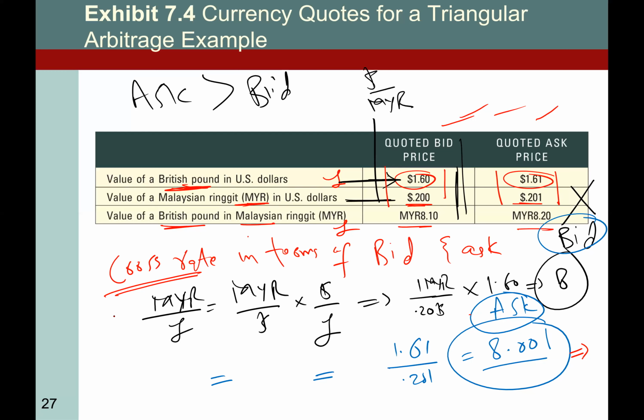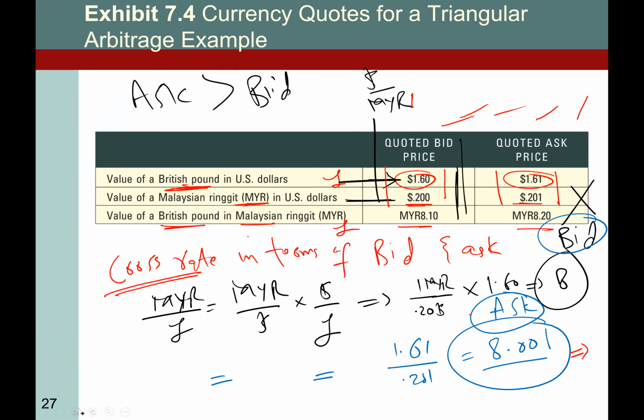So whatsoever is the cross exchange rate in terms of bid, the small number would be the bid, the larger number would be the ask, no matter whether it is found by ask divided by ask or bid divided by bid. Whatsoever is the number, the smaller number would be bid.